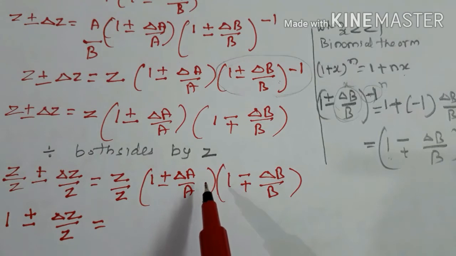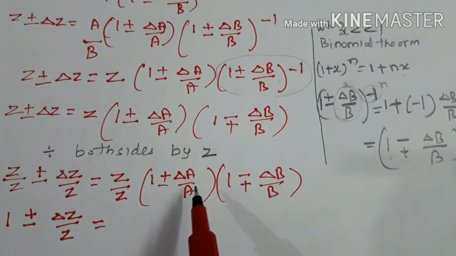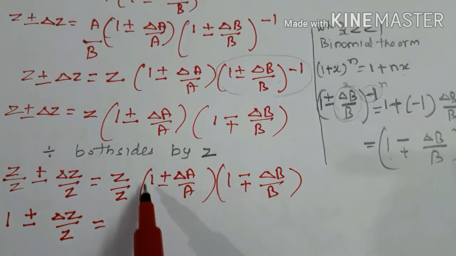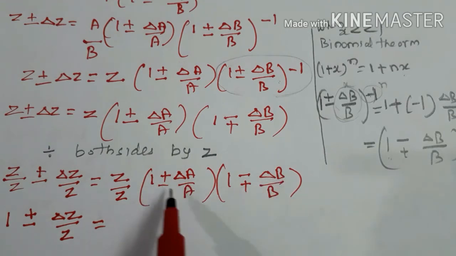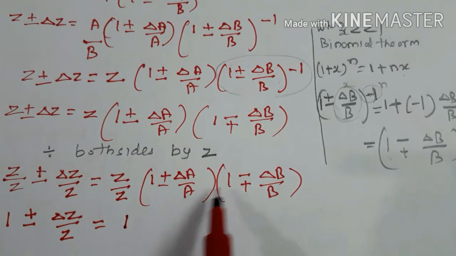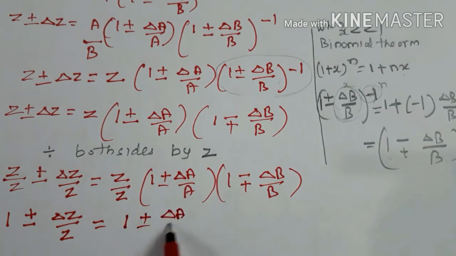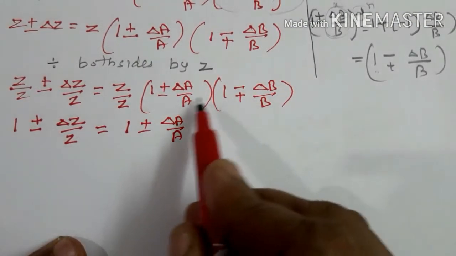Understand what I say? Multiply 1. You take this 1, multiply with these terms, and then you multiply this with these two first terms. So 1 into 1 is 1. If you multiply these two, you will get plus or minus delta A by A. Okay, and in the second part, what you can do?